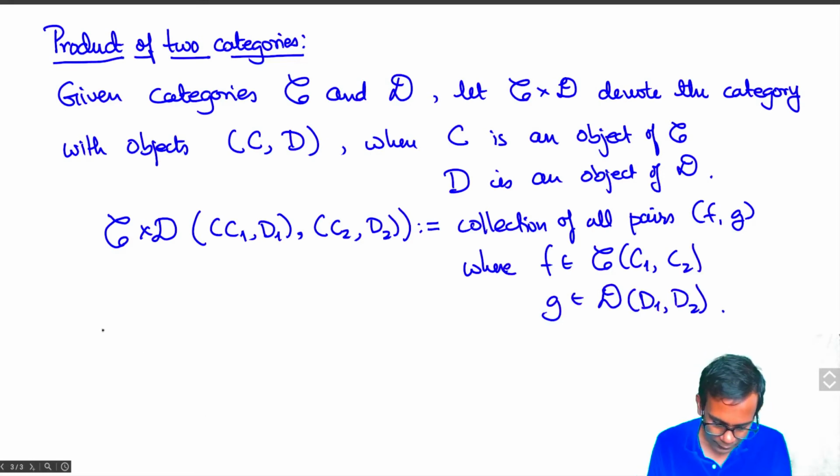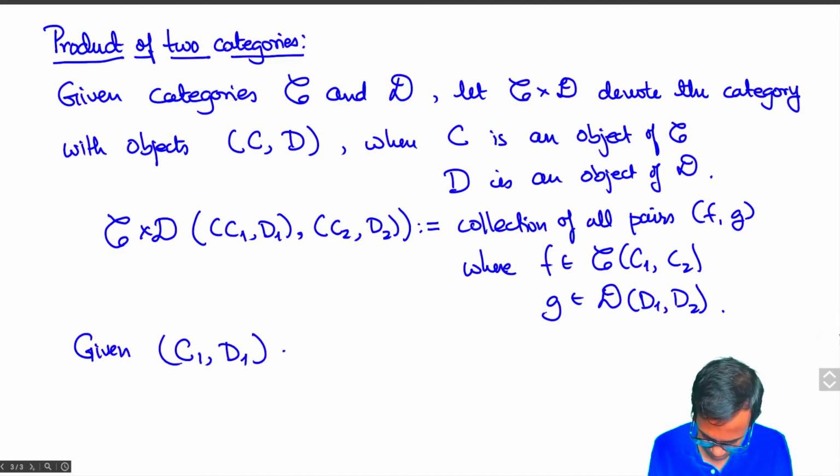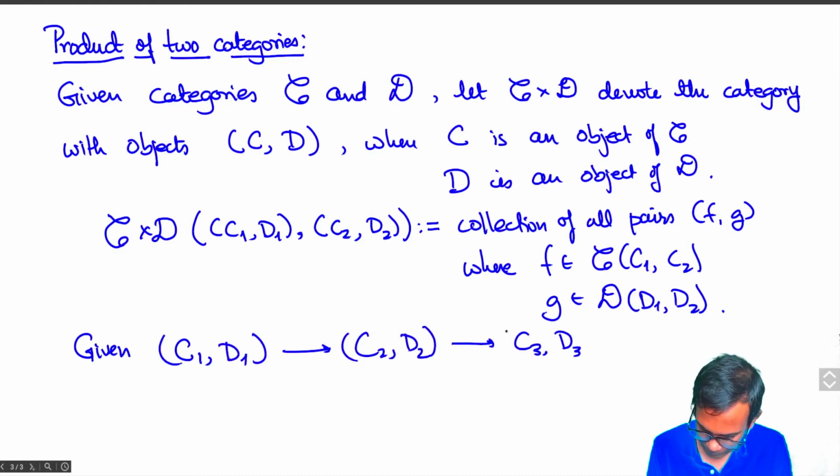And then given arrows, suppose we have (c1, d1) to (c2, d2) and then to (c3, d3), and here we have say (f1, g1) and (f2, g2).